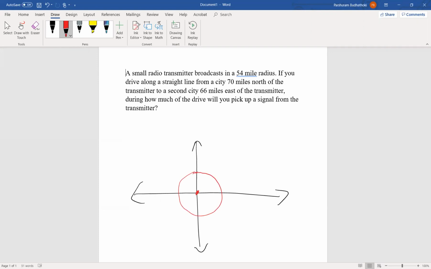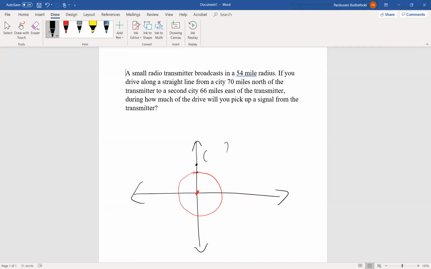So you want to drive from a point which is 70 miles north of the transmitter. So from here it's 70 miles. If this is 54 miles, then 70 miles would be somewhere here.